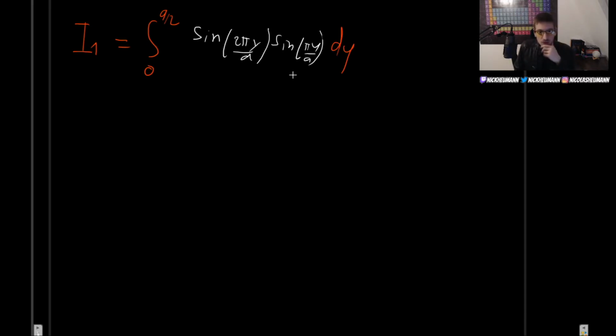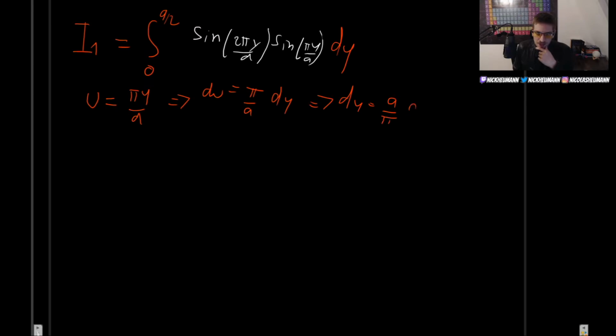Okay, now how do we go about it? Well, what I would do first, just to make the notation a bit cleaner, is use a change of variables. Say u is going to be pi y over a, and thus du would be pi over a dy. So dy would be a divided by pi du. Okay, and then our integral would be, I'm going to ignore the limits for now, because at the end I'm going to just revert all of my substitutions and then plug in the limits.